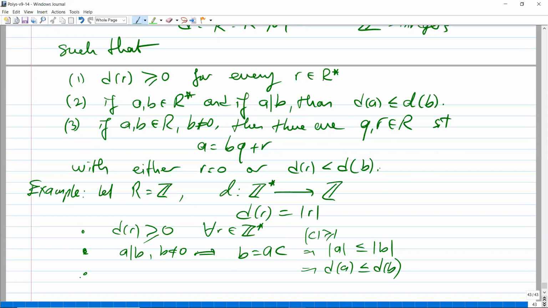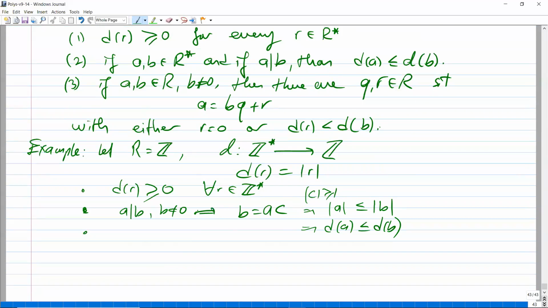And let's look at the third property. Suppose A and B are integers and B is not 0.